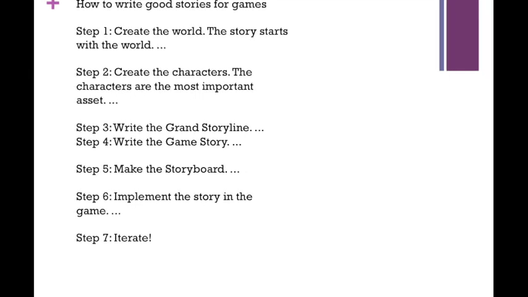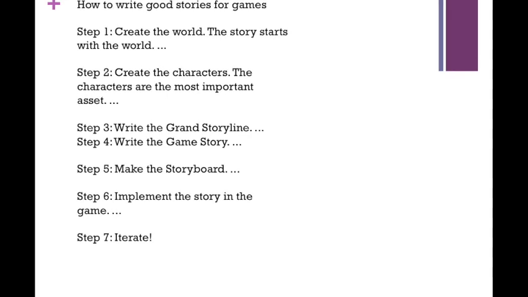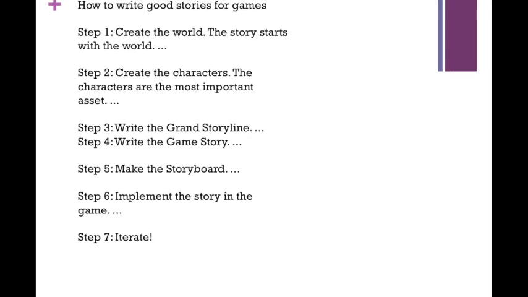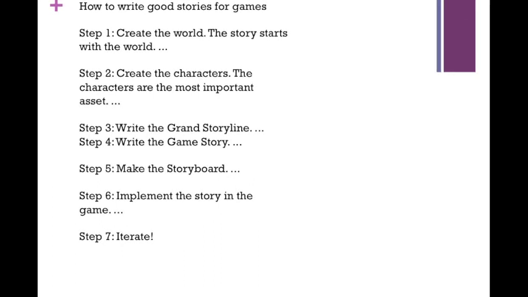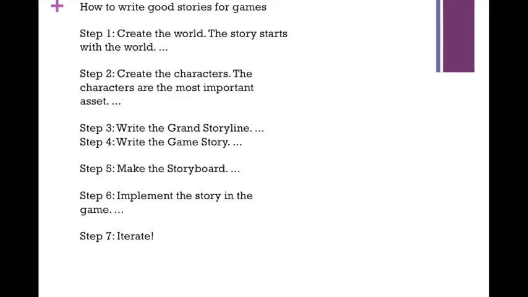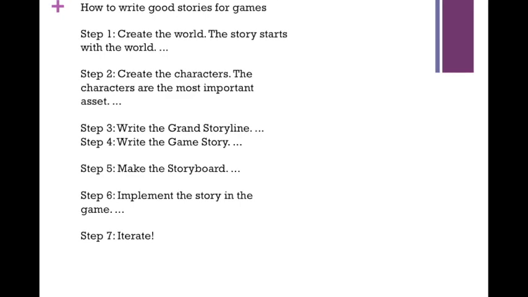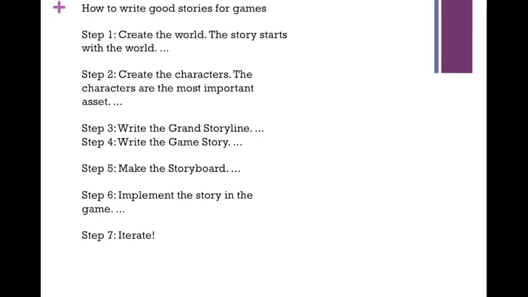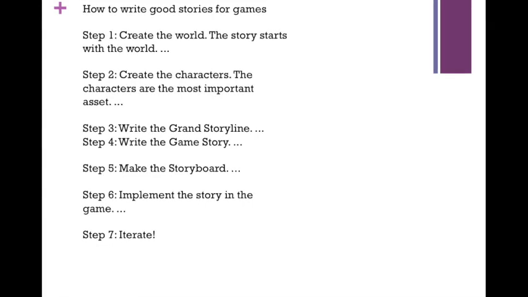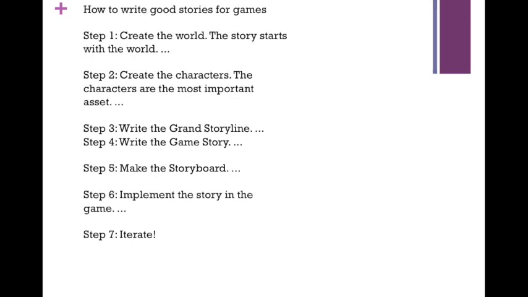That's why we will always have a new storyboard, a constantly updated storyboard. So implement the story in the game and iterate. Enjoy the journey of the story, and sometimes you need to keep updating your genre, your theme, your location and others to make your game more interesting. For animation also, that's why sometimes animations put episode 1, episode 2 and then continue the episodes to make the genre stronger and stronger.